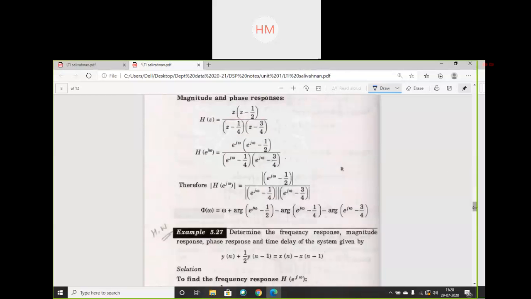Is it clear? Now I will simplify this equation. Can you do it on your own? Because I have discussed the steps of magnitude and phase response. Can you do it beyond this? Hello ma'am.